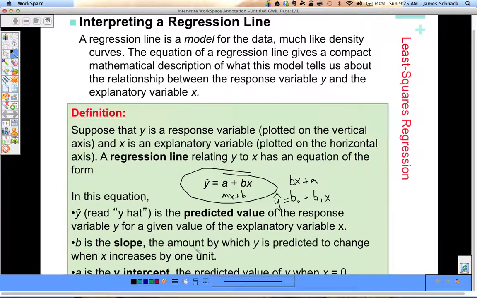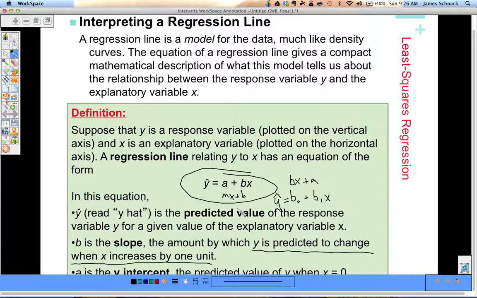It is the amount by which y is predicted to change when x increases by 1 unit. This is important. When you're interpreting it in the context of the problem, you're saying that our response variable is predicted to change by this much when x increases by 1 unit. Important piece right there. But that number attached to the x is our slope.